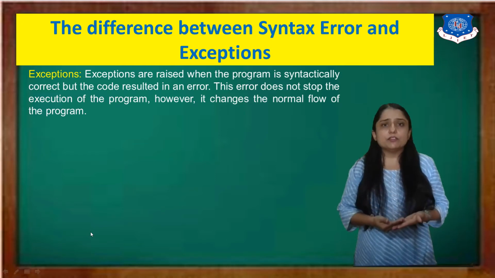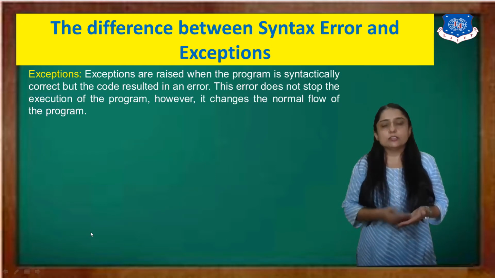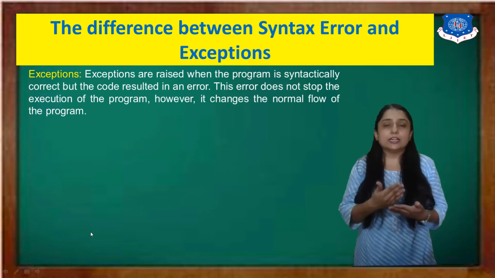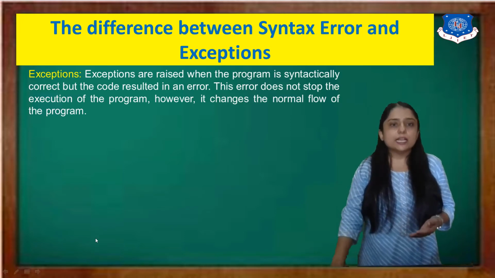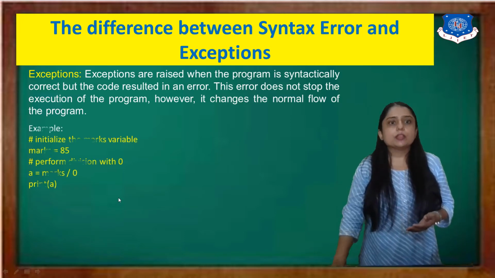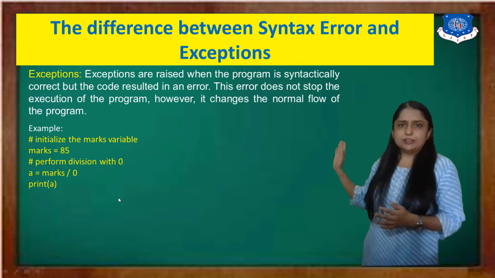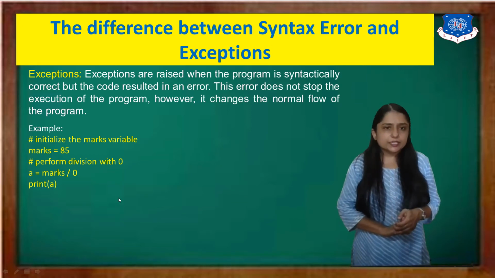See here, in Python we know that we cannot divide anything by 0. The syntax is perfectly fine, but this will give you an error, and that is known as an exception. It's not a syntax error. I'll give you an example. Here we initialize a variable, for example marks, with the value 85.